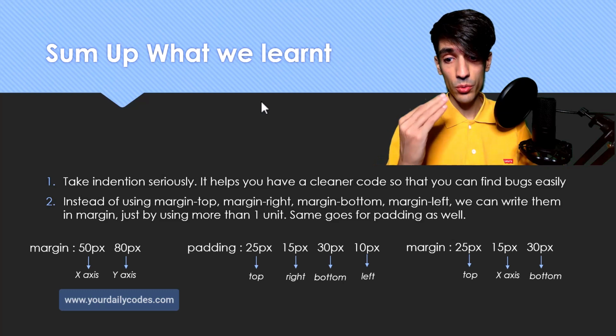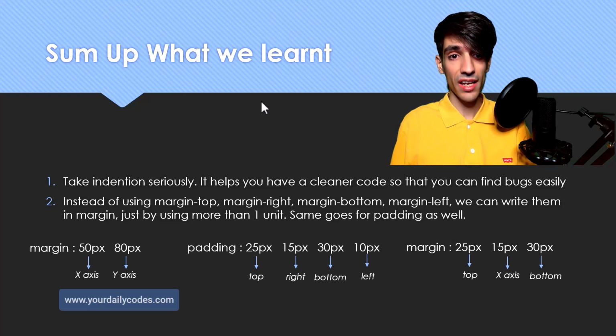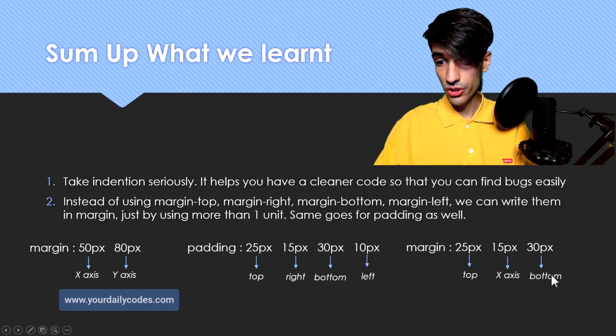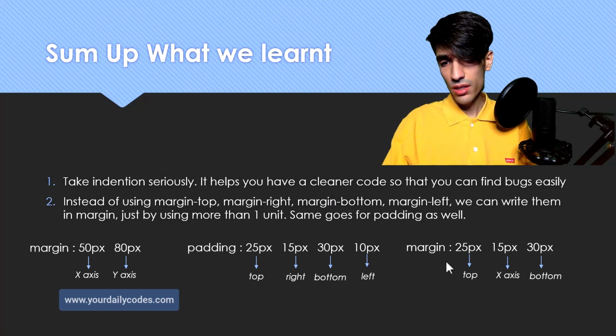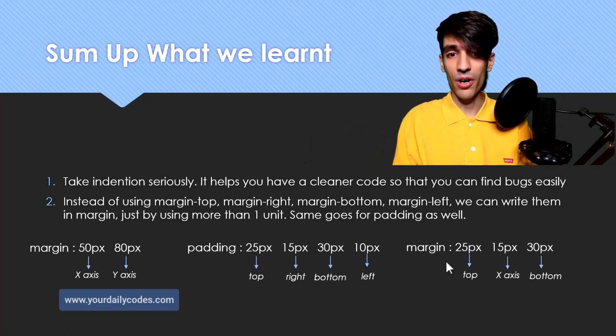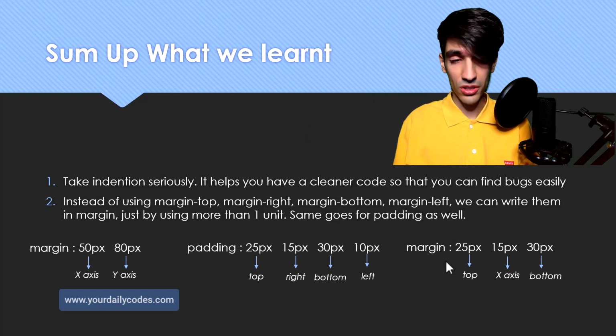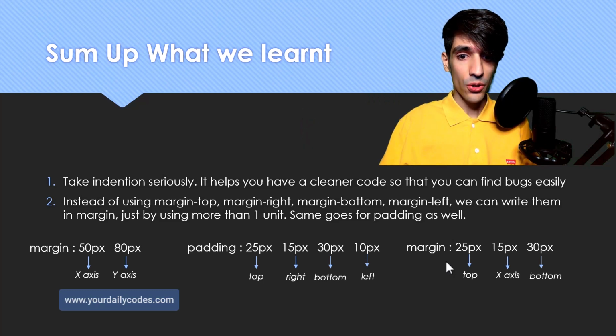But we didn't see it with 3 units, and with 3 units the first is top, the middle one is the x-axis, and the last is bottom. Sorry, I have written it wrong. No, what am I smoking? It was true. Top, right and left, and bottom. It's true. It's right.